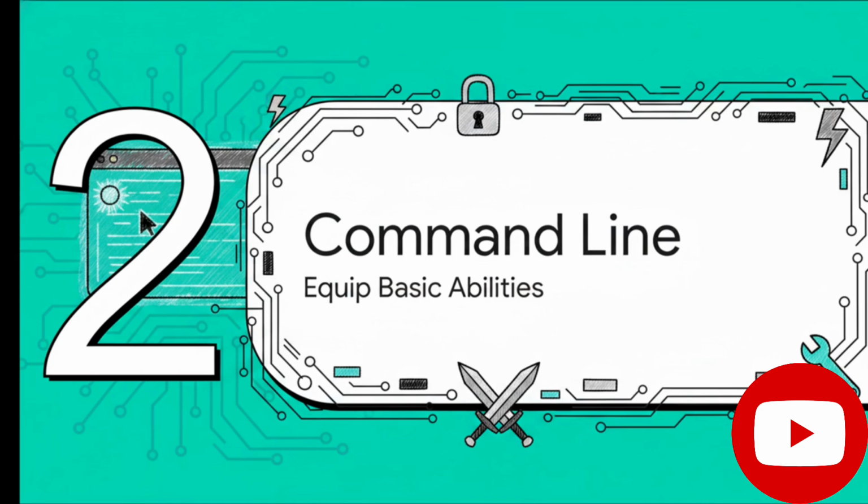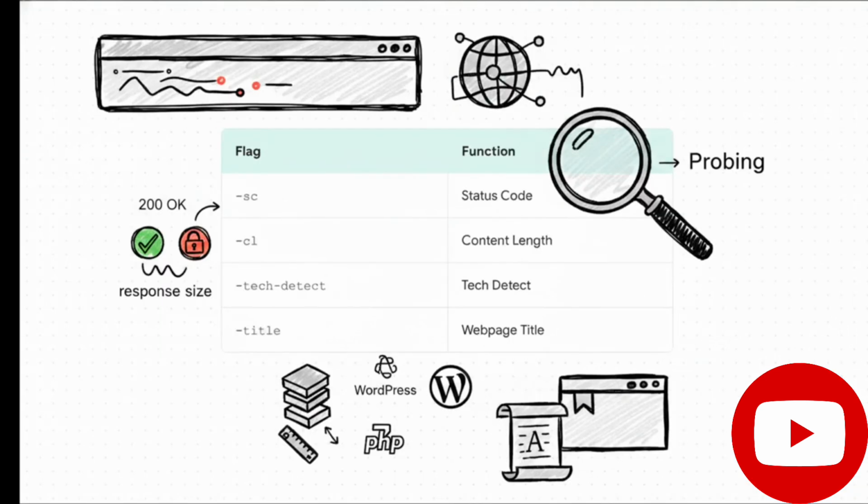Section 2. Unlocking the command line, equipping your basic abilities. The whole secret sauce is just knowing how to ask the tool for exactly what you want. And we do that using flags. Think of this as your basic terminal cheat sheet. When you tack on -sc to your command, you're asking for the status code. This instantly tells you if a site is actually live with a 200 OK or completely locked down with a 403 forbidden.